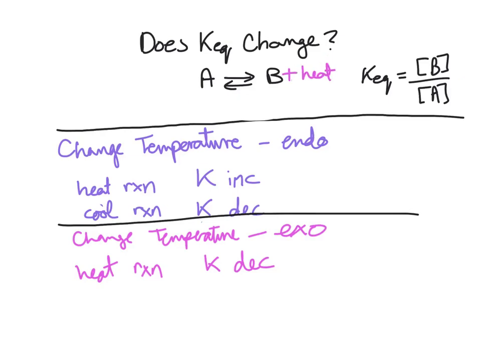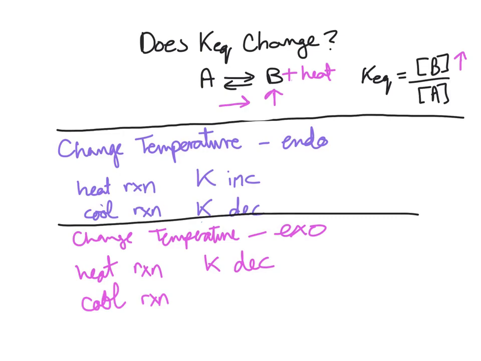Let's look at if I cool it down. If I cool down my reaction, put it in an ice bath, lower its temperature, what's going to happen? If I remove some of that heat, now it's too cold, I need to add more heat. I shift to the right. When it shifts to the right, it produces more B. Did I produce more A?